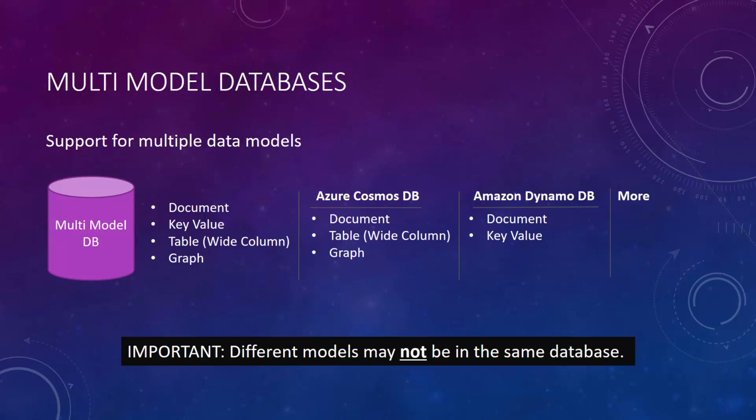I would like to have a database, say my customer database, which is a Cosmos DB database, and I would love to have documents in it, as well as graph data, as well as maybe some table data. Like I said, I do feel that in the near future we will have multi-model databases that support multiple models in the same database.